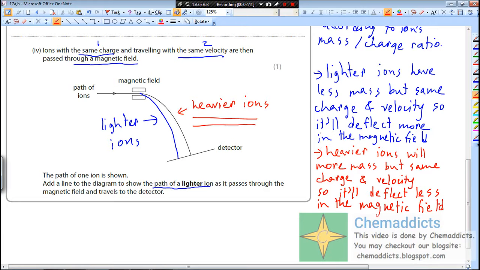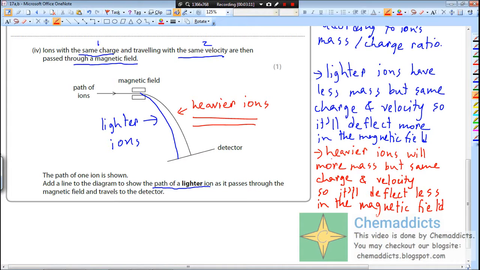Now let us summarize this. Lighter ions have less mass but the same charge and velocity, so they will deflect more in the magnetic field.